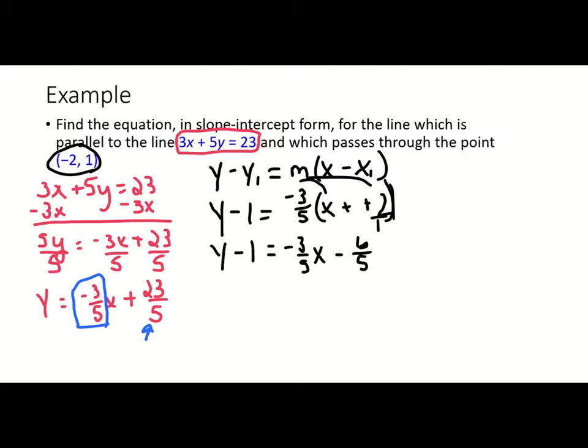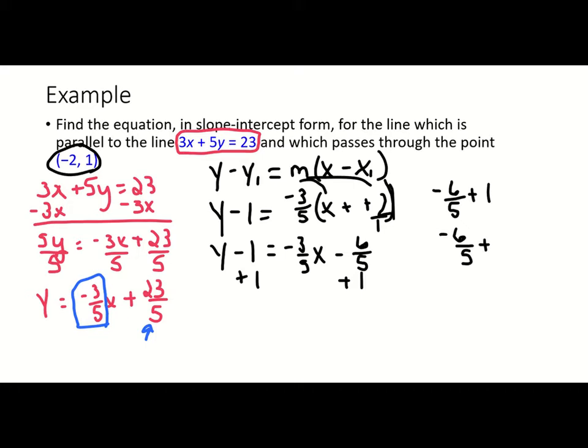And then to make it into slope-intercept form, I'm going to add 1 to both sides. Now remember, if I have -6/5 and I'm adding 1, we don't want to keep it in whole number form. We are going to put it into fraction form.